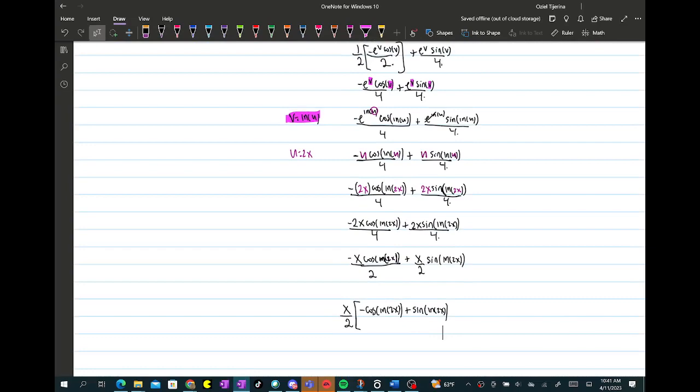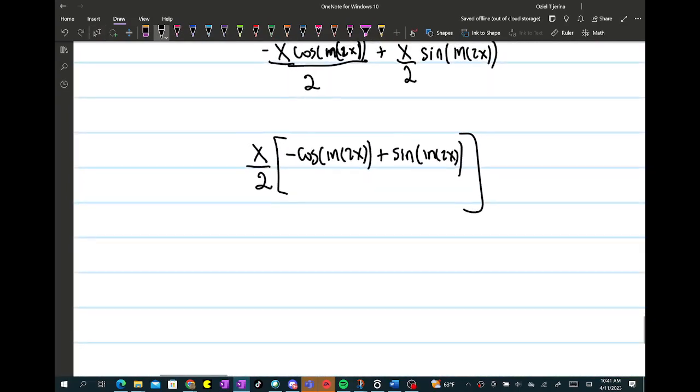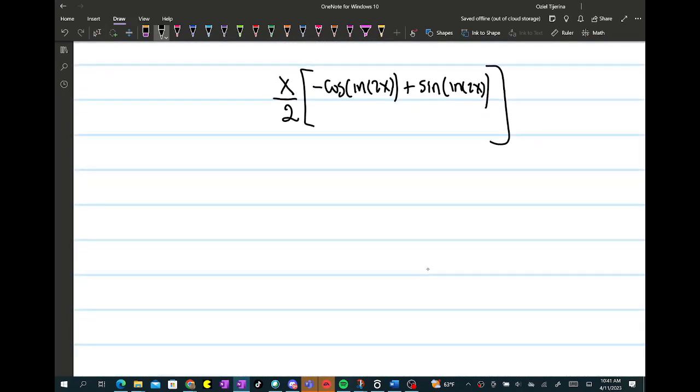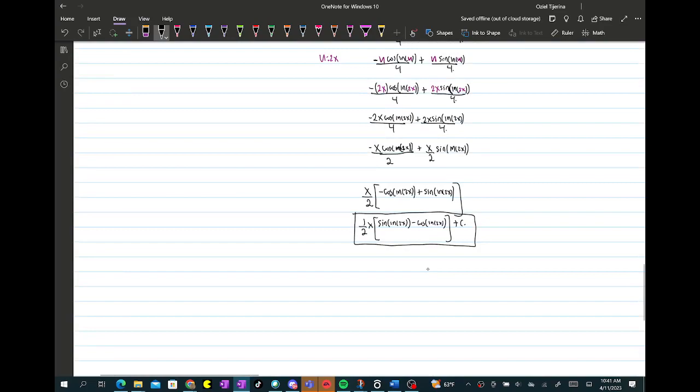This problem is really difficult. Or actually, no, I'm wrong. This is the final answer. Sorry, guys. I'm just going to write it the following way: 1/2 x, sine of natural log of 2x minus cosine of natural log of 2x, and then plus c.